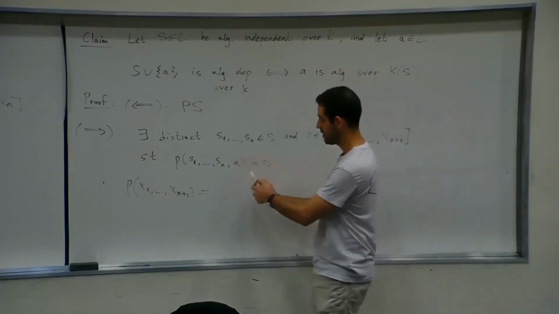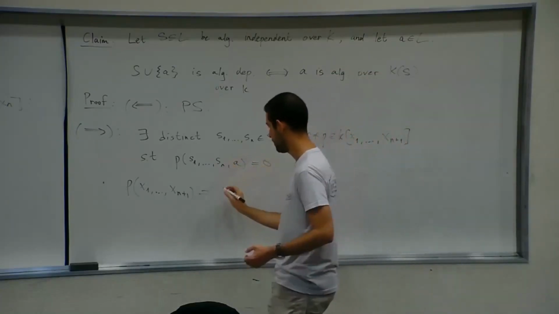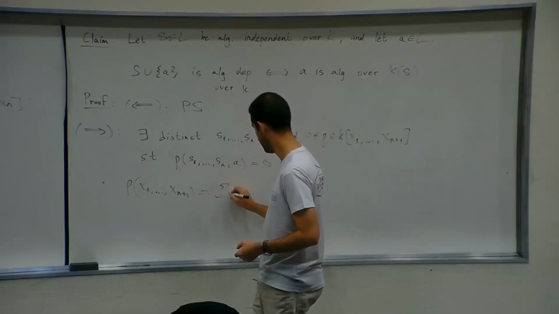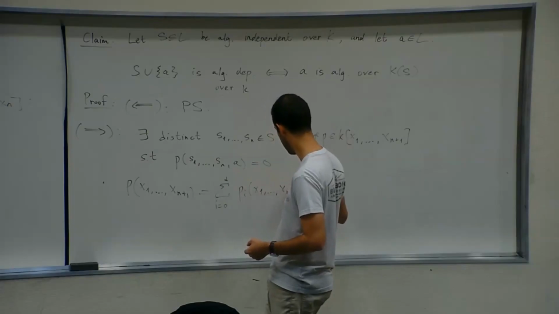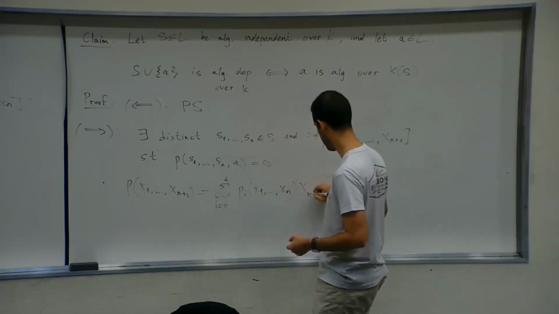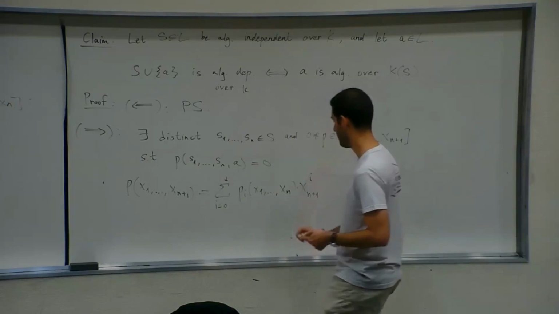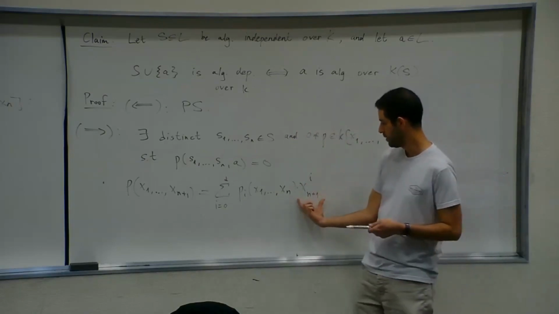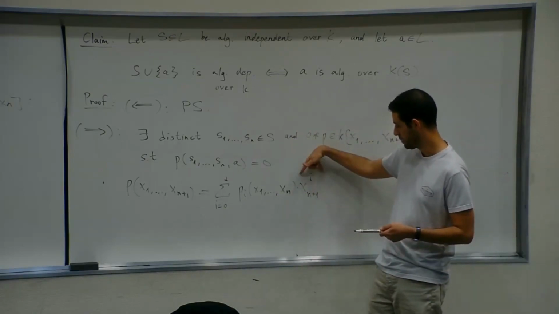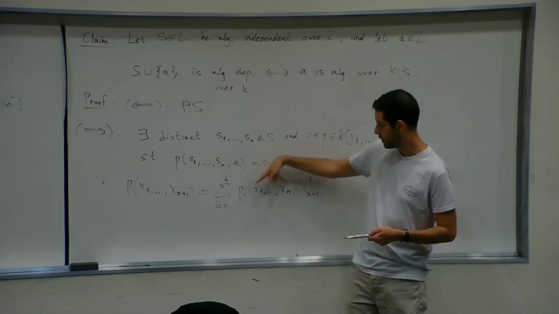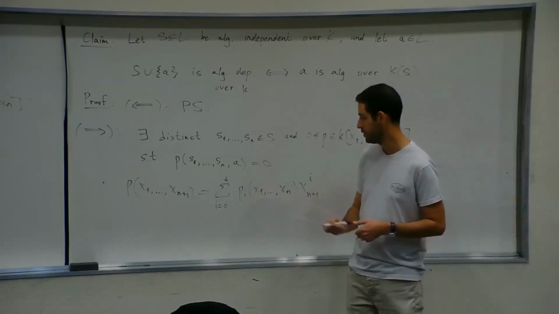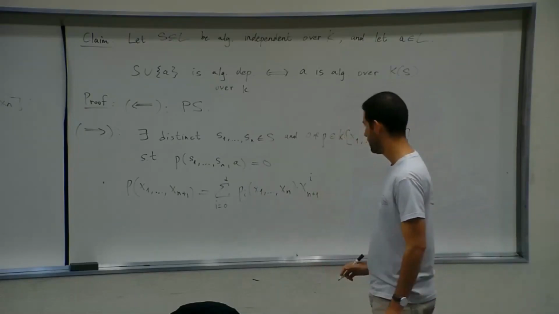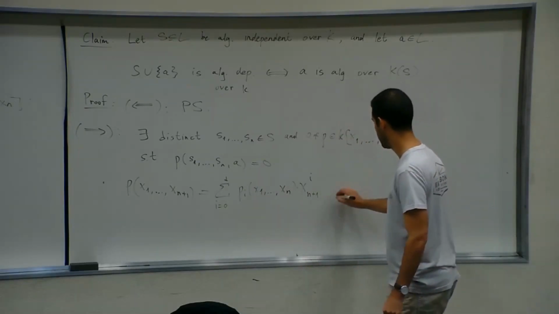So it makes sense to write P like this: a polynomial in xn+1 with coefficients that are polynomials in the first variables x1 to xn.